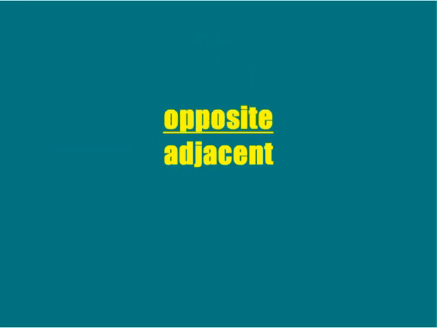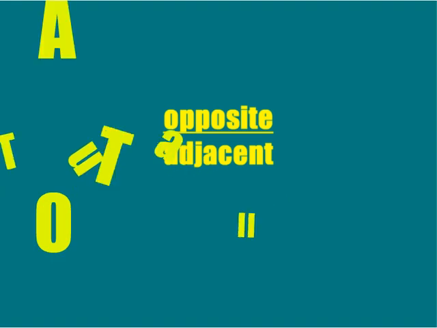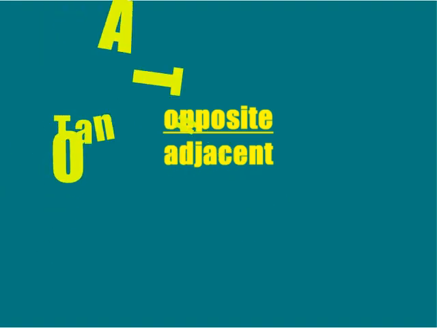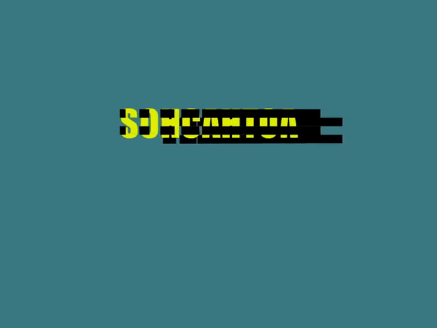The tangent is found by dividing the side opposite the angle by the side adjacent to the angle, thus giving you the TOA. So this gives us SOHCAHTOA. Sine is opposite over hypotenuse, cosine is adjacent over hypotenuse, and the tangent is opposite over adjacent. SOHCAHTOA.